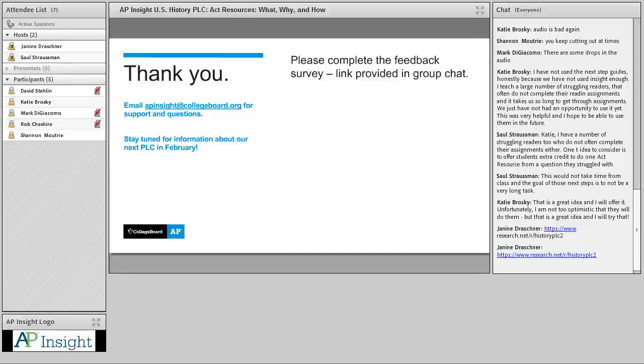At the end of each building block is a close the gaps page that recommends different readings, different videos, different websites students can go to, or specifically practice a certain skill.